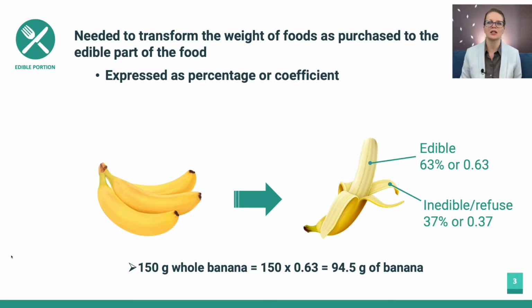Here in our example, it corresponds to 94.5 grams of banana flesh. So this is the amount that we are going to use to convert the data that is presented in the food composition table as expressed per 100 grams of edible portion. So we are going to use the 94.5 grams of banana to make our calculations.